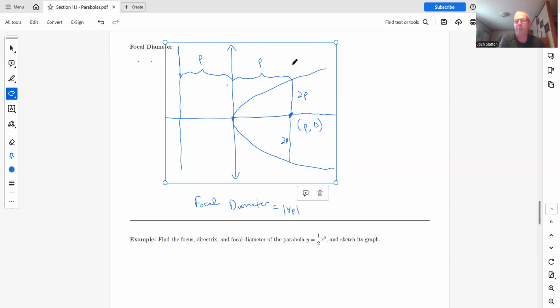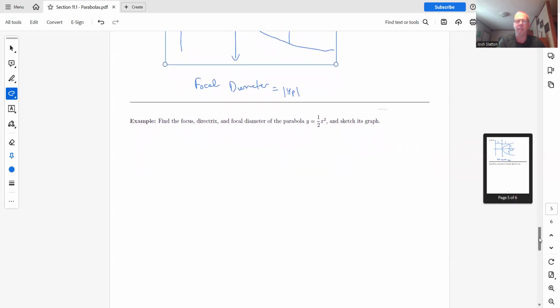It's basically just measuring this distance. Whatever point you're at, it's the distance going through the focus. So from one side of the parabola to the other, going through the focus, that is the absolute value of 4p. Absolute value because we're talking about distance.